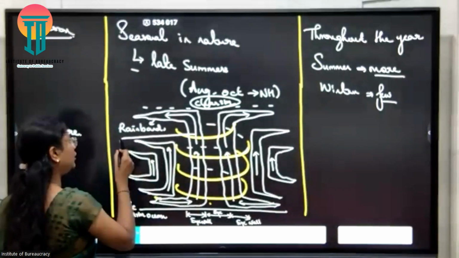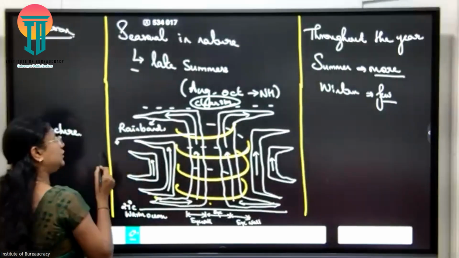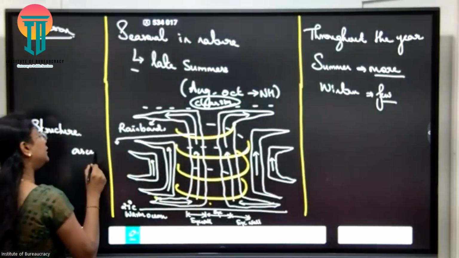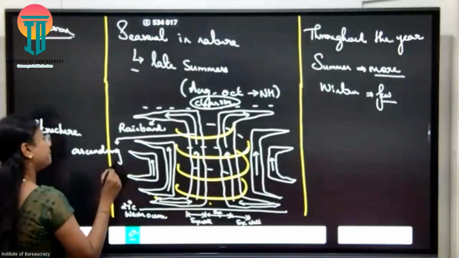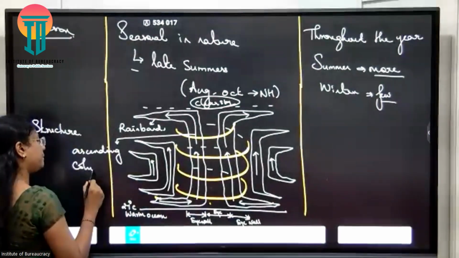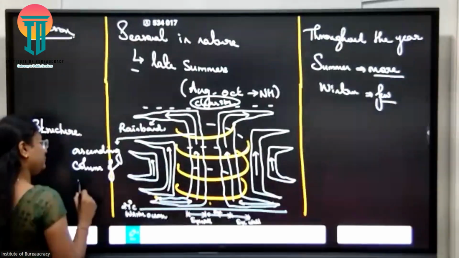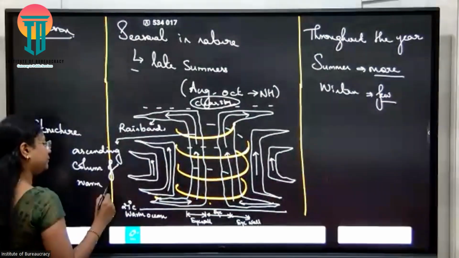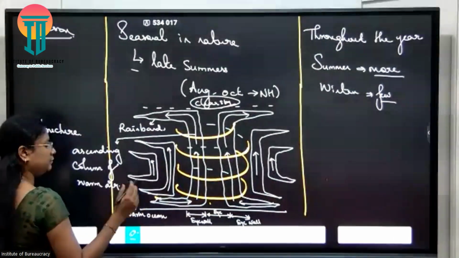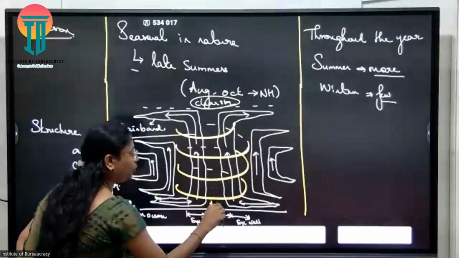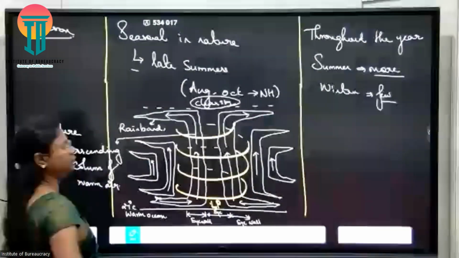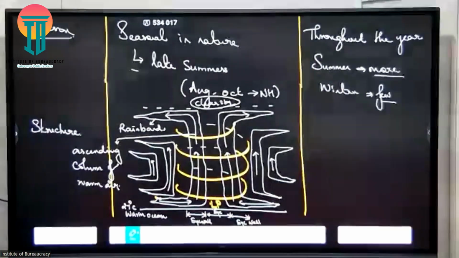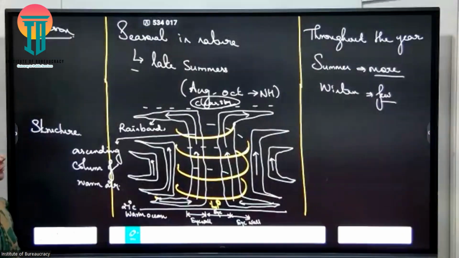This is your ascending column of warm air. Definitely, this is a low pressure system. This is my structure of my cyclone.